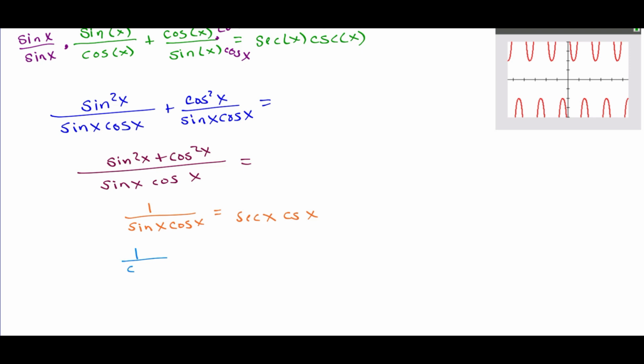I'm going to write this as 1 over cosine x times 1 over sine x. So I'm just splitting that fraction up, and I'm switching the order around. 1 over cosine x is the same as secant of x, and 1 over sine of x is equal to cosecant of x. And that's exactly what we had on the other side of the equal sign. So now I know that my proof is done. Both sides of the equal sign look identical.